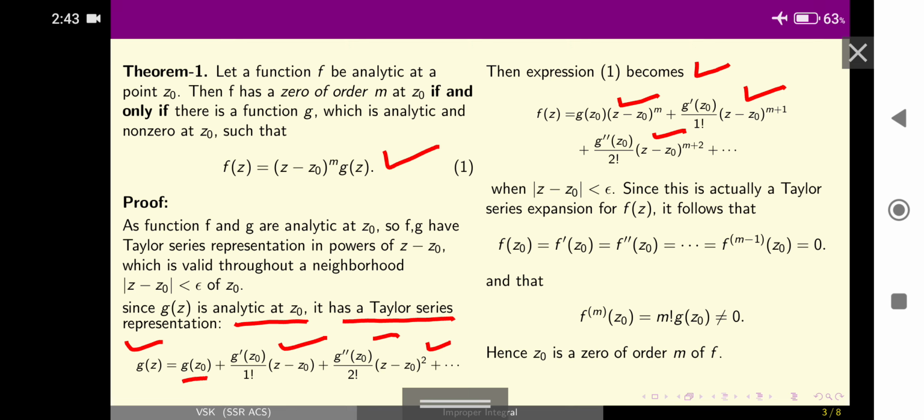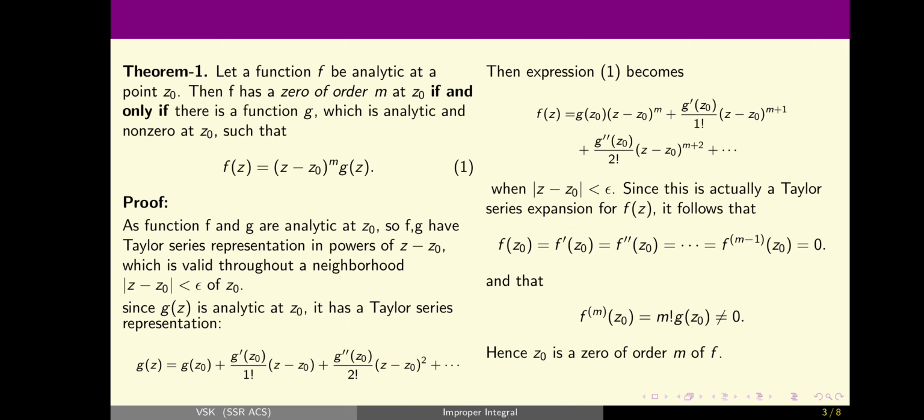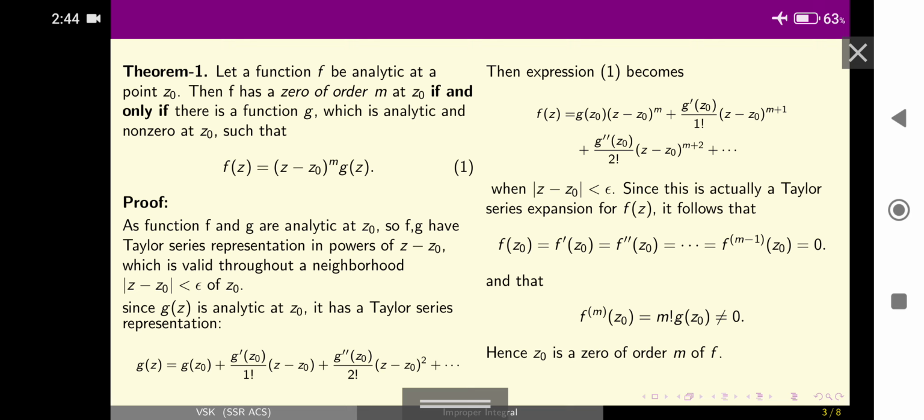That is, this expression becomes this expression when |z minus z naught| is less than epsilon. Since this is actually nothing but a Taylor series expansion of f(z), it follows that by putting z equal to z naught over here, we get f(z naught) equal to 0.